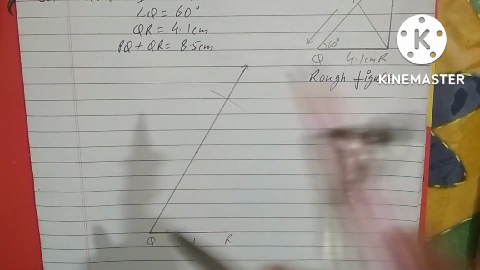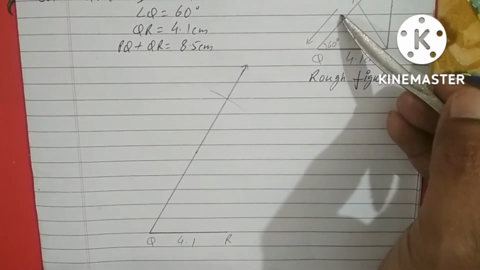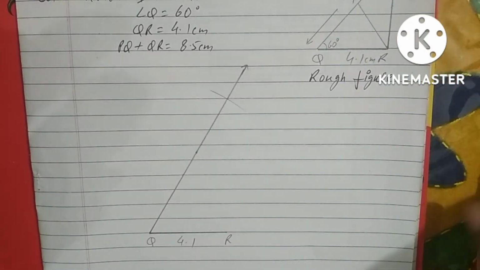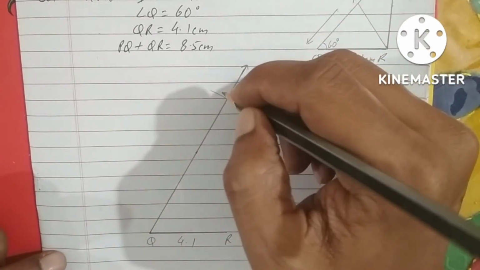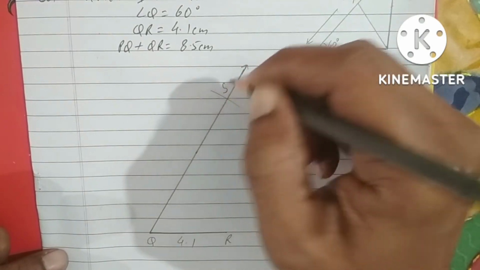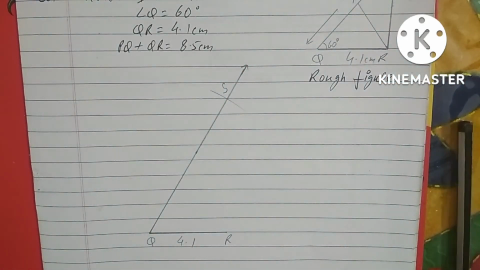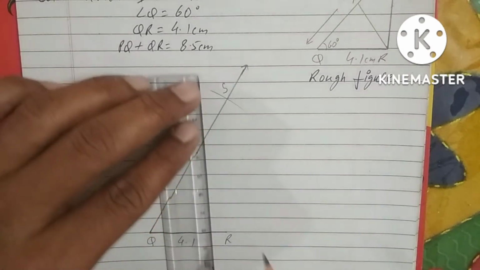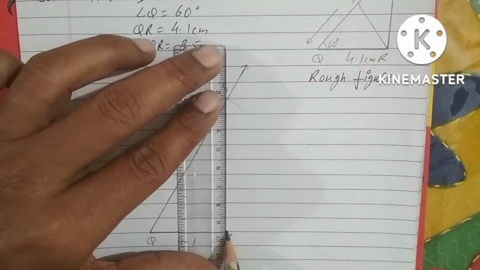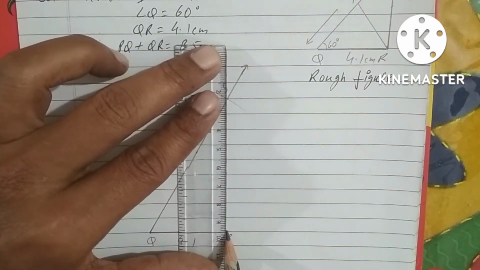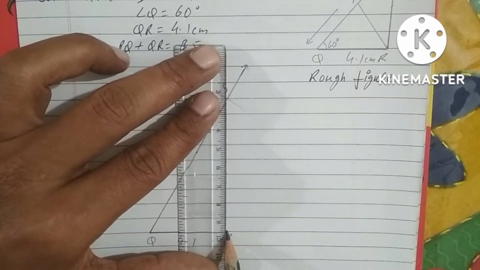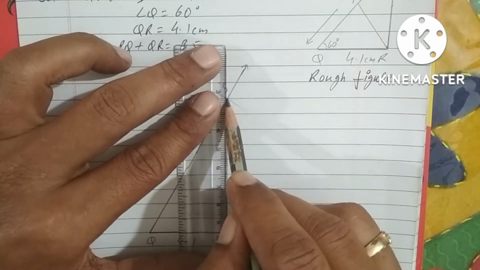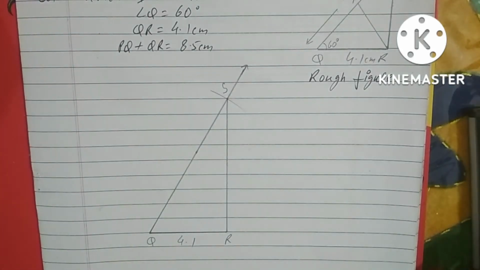Right? This is 8.5, which we have indicated already in the rough figure. Now here I'm going to mark this as S. Then I'm going to join R with S. I hope it's clear.